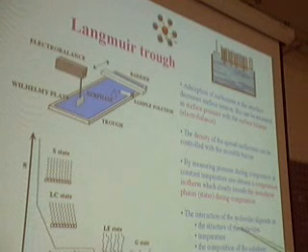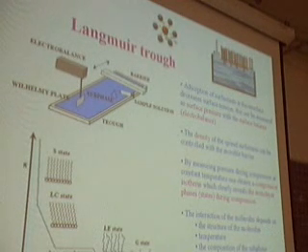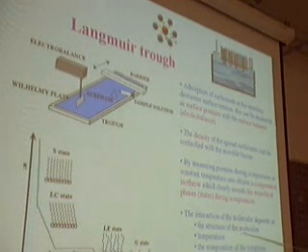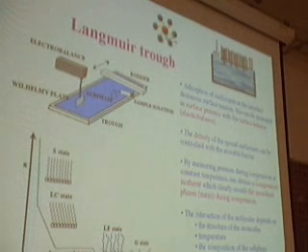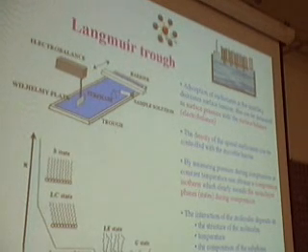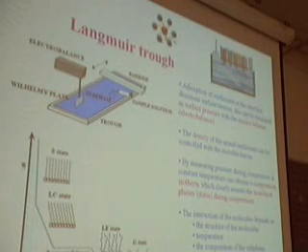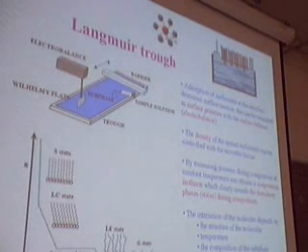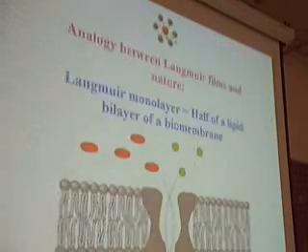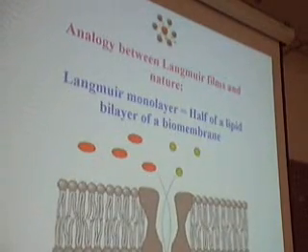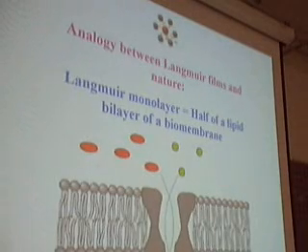The interaction of the molecules depends on many things: the structure of the molecules first of all, temperature is one thing, and also the composition of the subphase influences the interactions. So we have control over the packing density and orientation of the surfactants in this kind of system. A very nice model system, and especially a very nice model system for biomembranes.